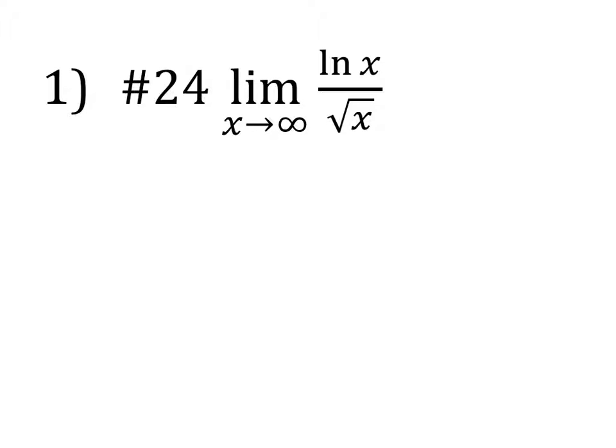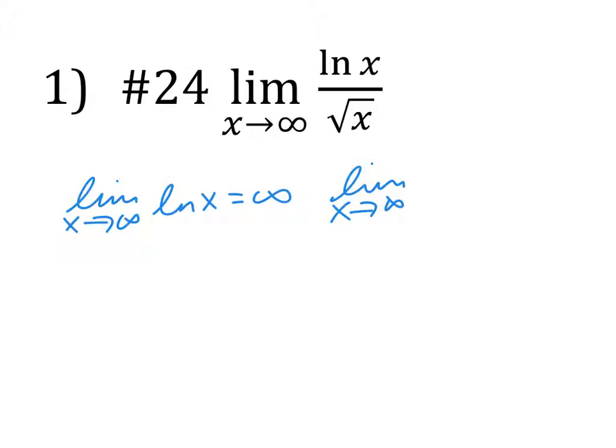If you want to use L'Hopital's rule, remember you have to show that you can, so you have to show the limit for top and bottom separately. The limit as x goes to infinity of natural log x is infinity, and the limit as x goes to infinity of square root x is also infinity. So we can use L'Hopital's rule.